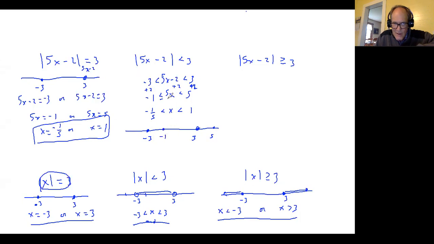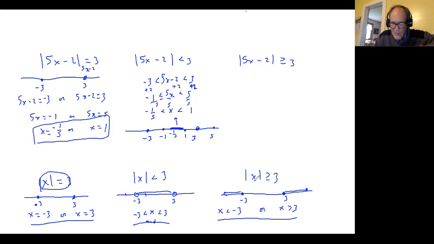And then we divide the 5 out, and that takes this interval right here and moves it in to negative 1/5, 1. Puts that interval right there. And that's what we had here.